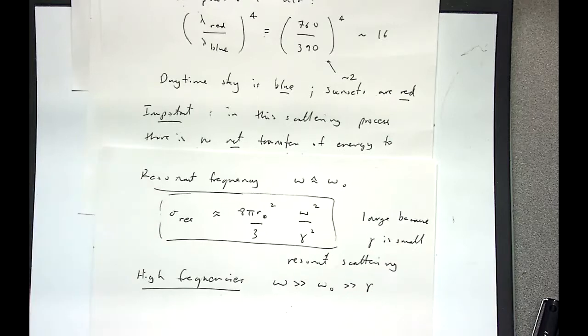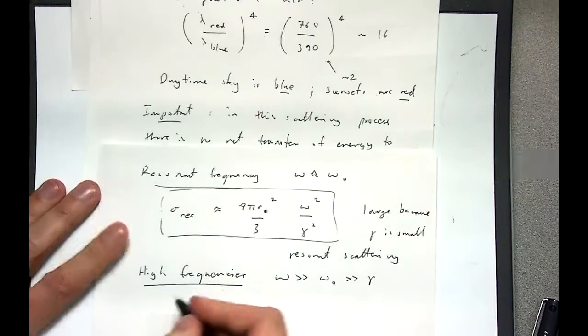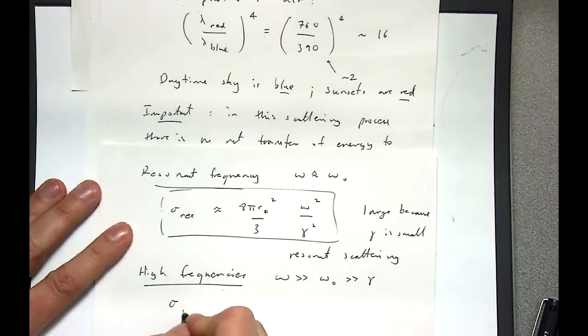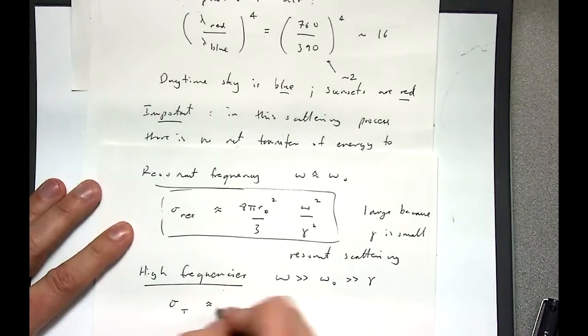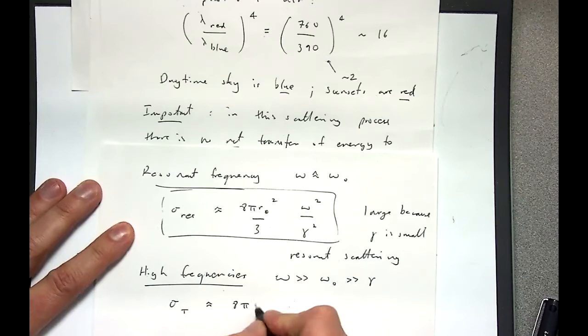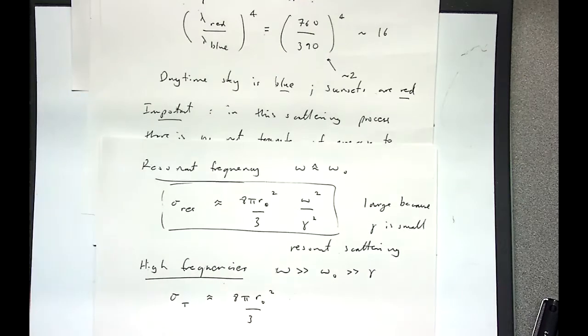Right? And then we see, when we look at that formula one more time, that the total cross-section, all the terms on the right just disappear.